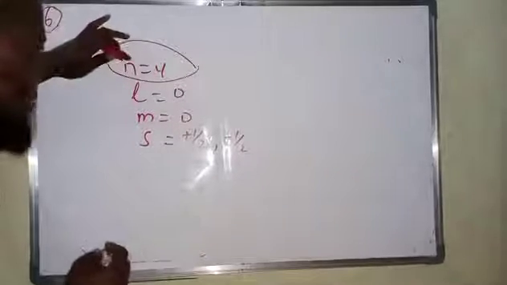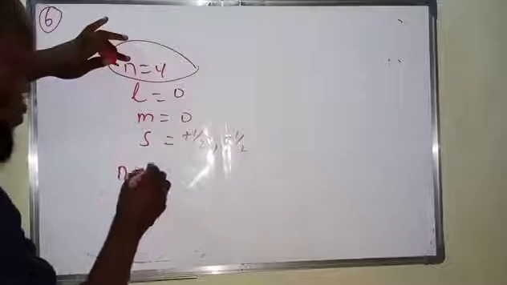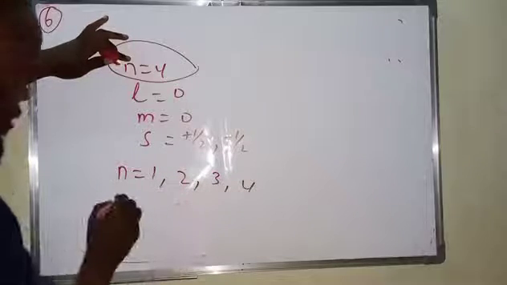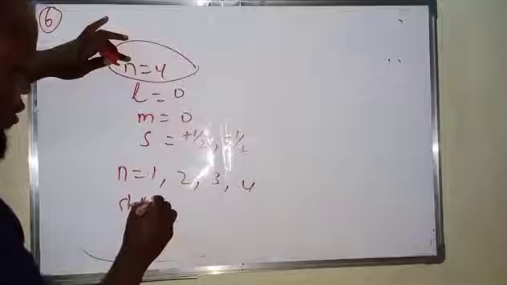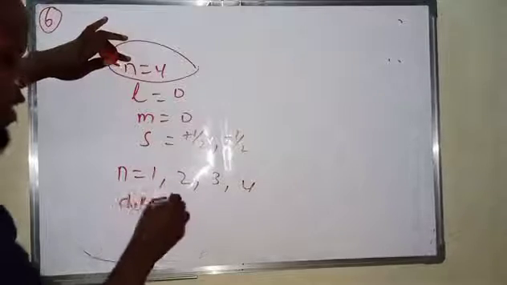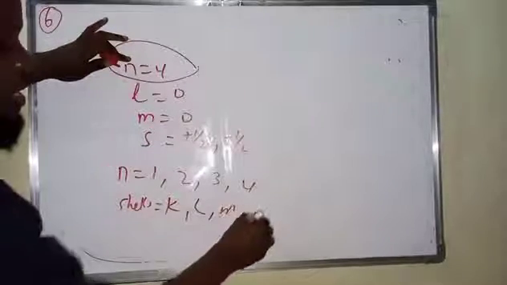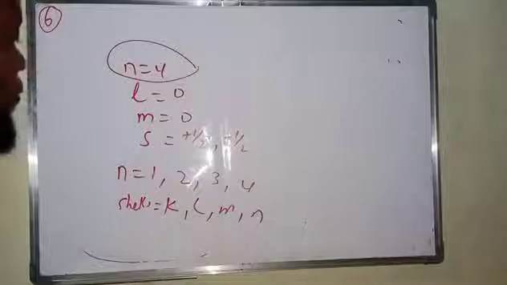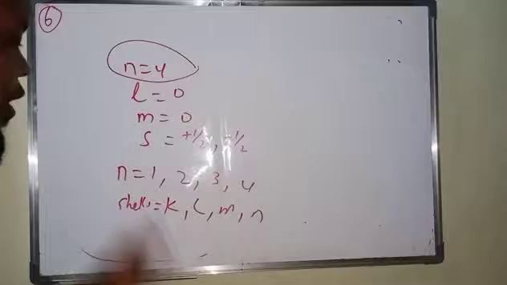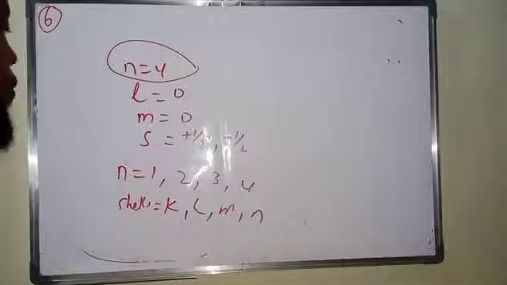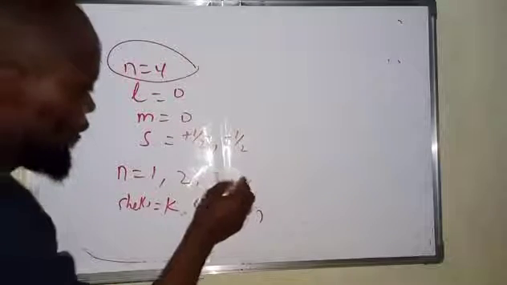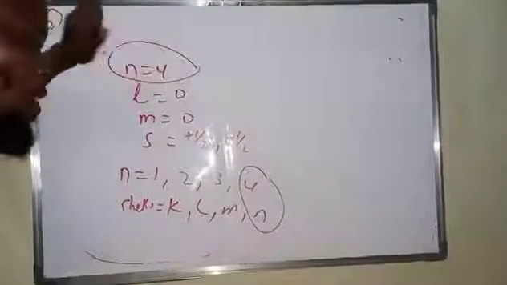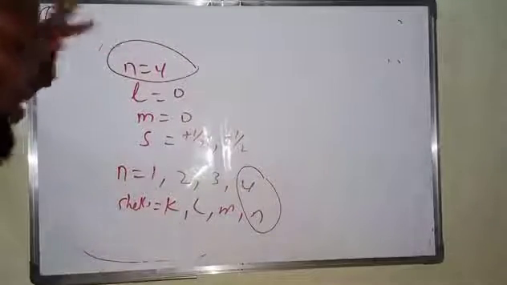The principal quantum number corresponds to the shells: the first shell, that is the K shell, the L shell, the M shell, and the N shell of an atom. So this particular atom having a quantum number of 4 means you have 4 shells.